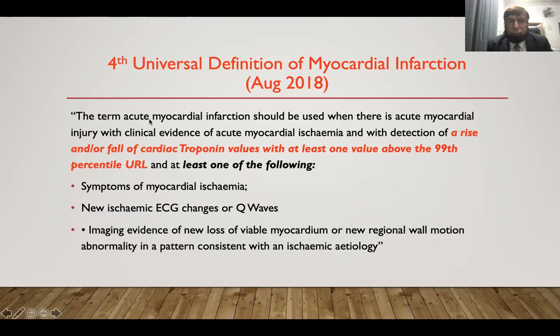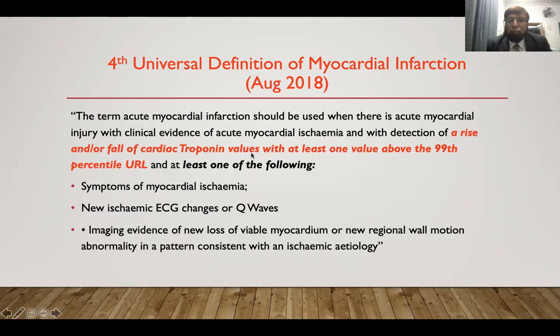The term acute myocardial infarction should be used when there is acute myocardial injury with clinical evidence of acute myocardial ischemia and with detection of a rise and/or fall of cardiac troponin values with at least one value above the 99th percentile upper reference limit and at least one of the following.